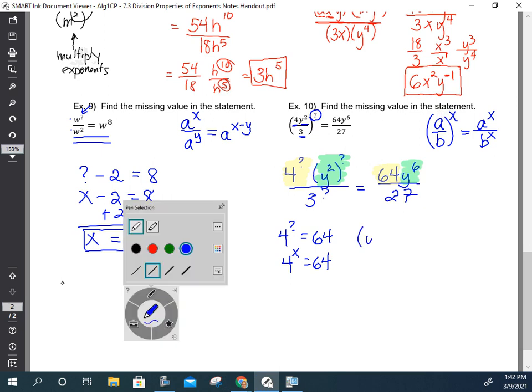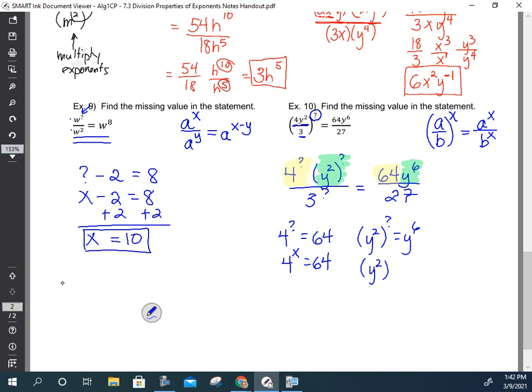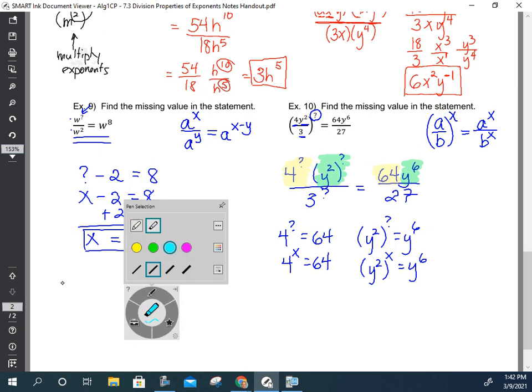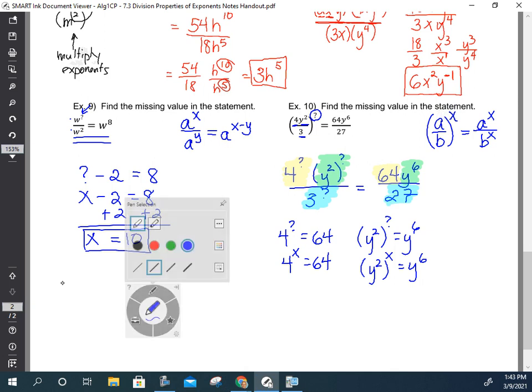So that's y squared to the question mark equals y to the 6. So y squared raised to the x power is y to the 6. And then finally, 3 to the question mark equals 27. So 3 to some power is 27.